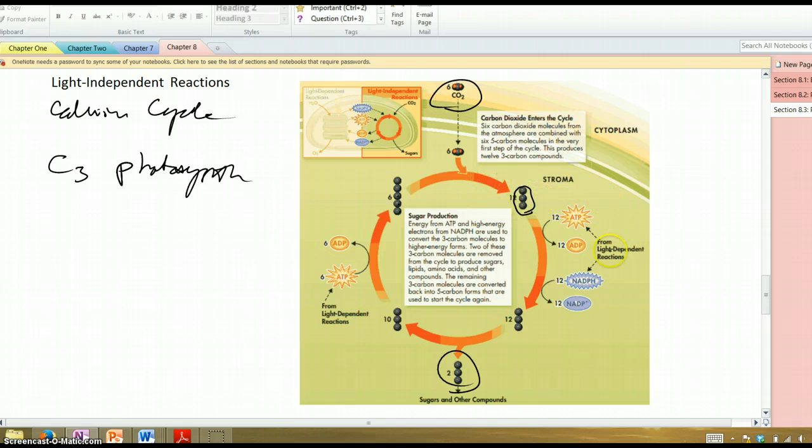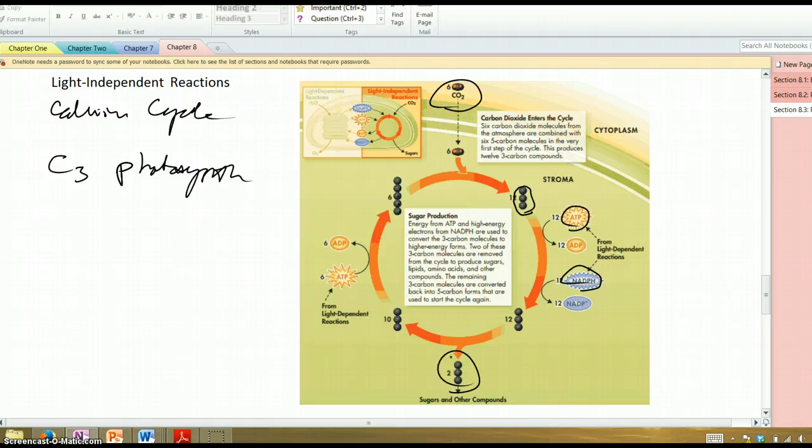Okay, now here is where we start incorporating the energy that was gathered in the light reactions in the form of the ATP and the NADPH. Okay, and essentially we're taking this 3 carbon molecule and we're energizing it, and we're able to make this sugar from this process.